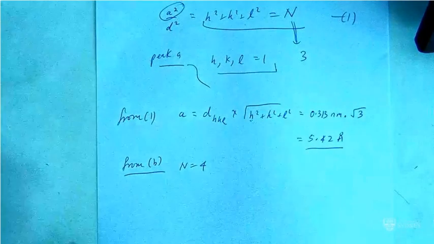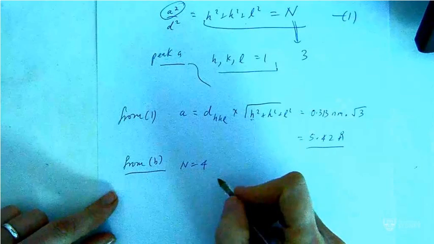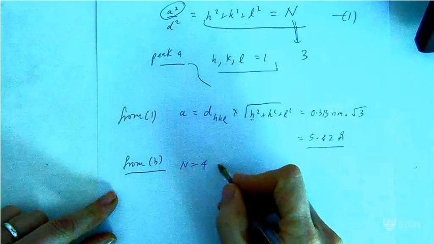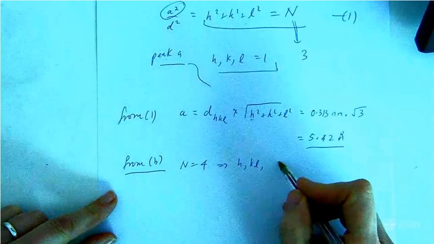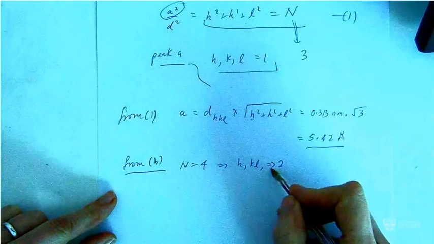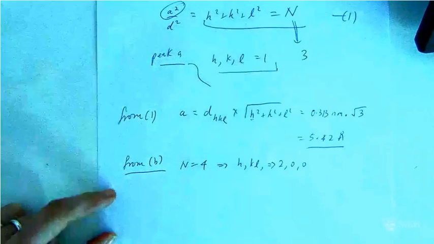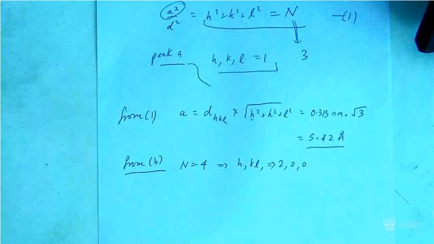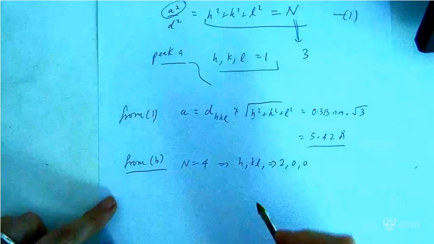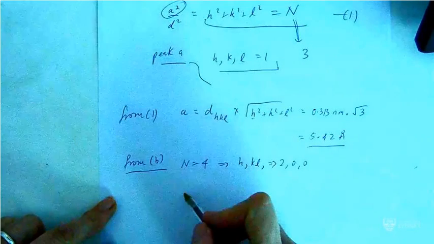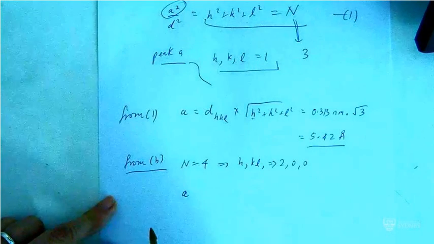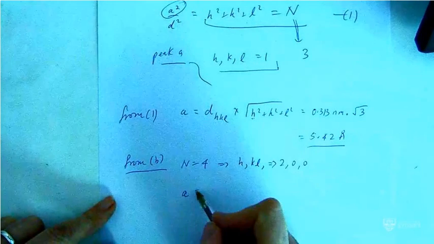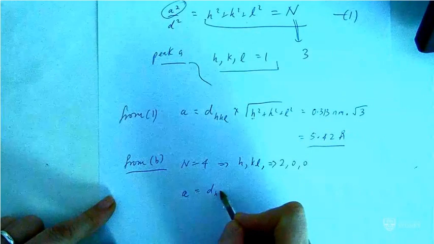And when you think about what HKL can give you 4, it can really only be a 2, 0, 0, or a 0, 0, 2, or something like that. And so, in this case, we can do the same thing. We can estimate A using the result of peak B, D, HKL, which in this case is 2, 0, 0.